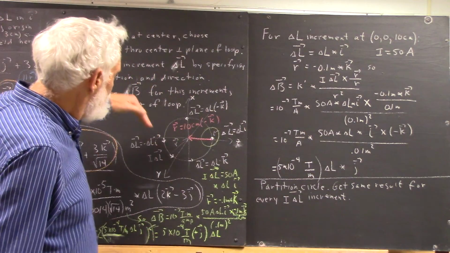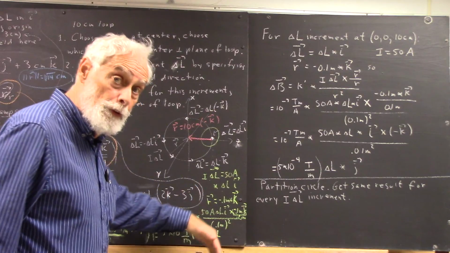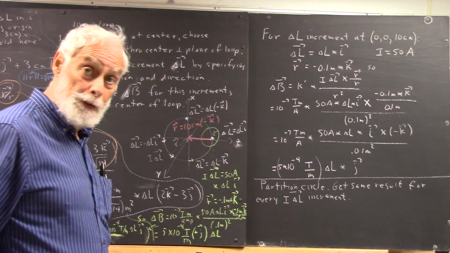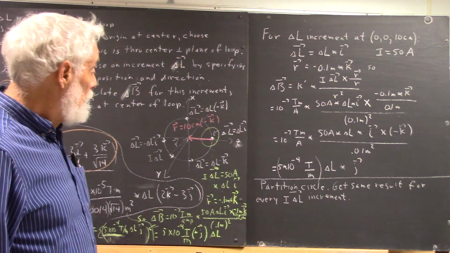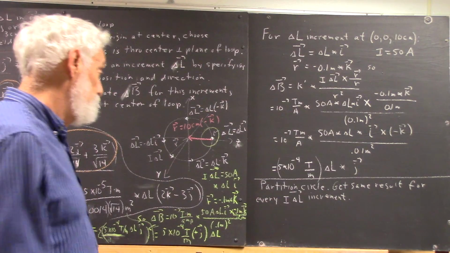Again, because I delta L is tangent to the curve and r is back toward the center, you know they're perpendicular.